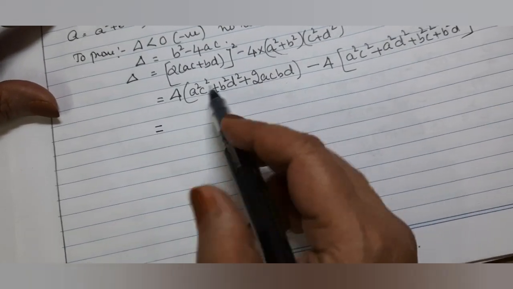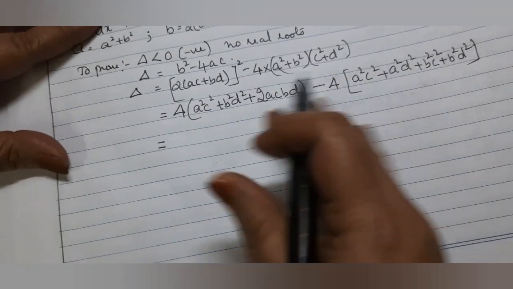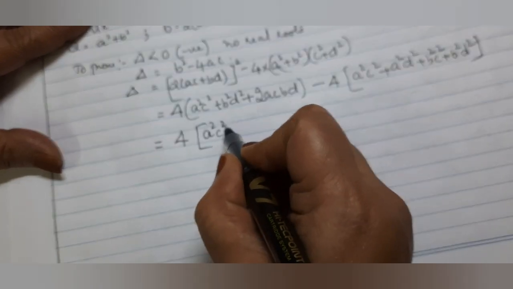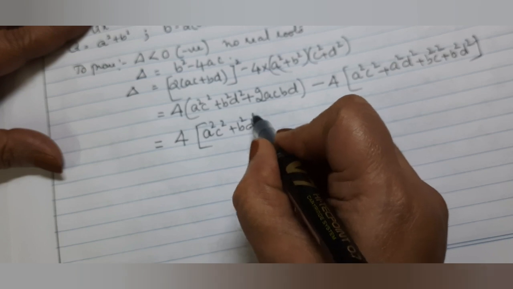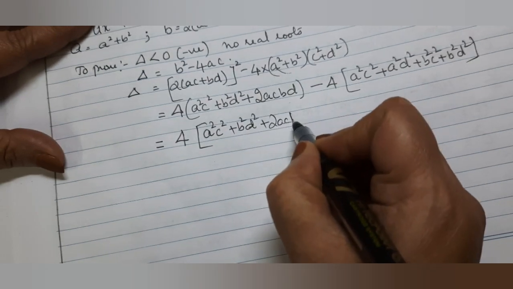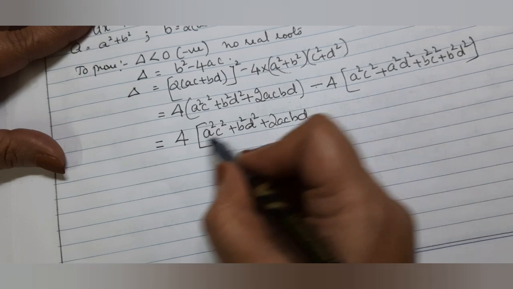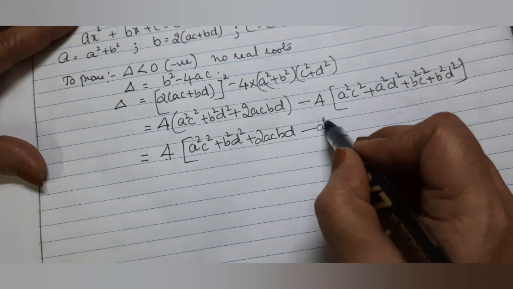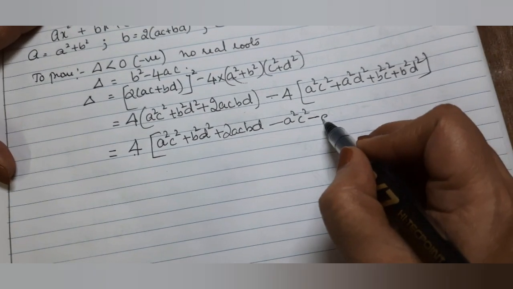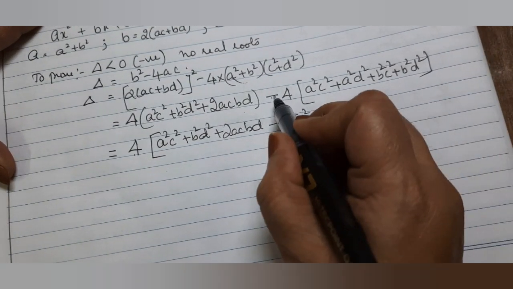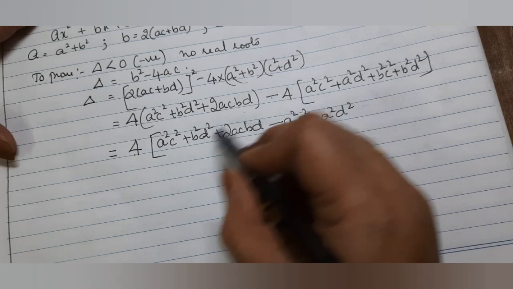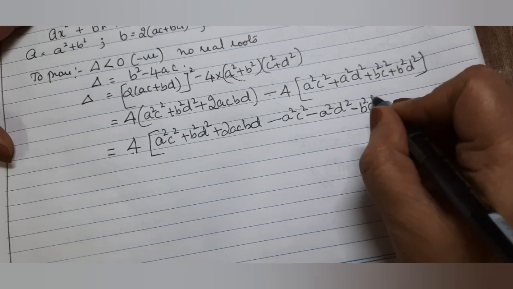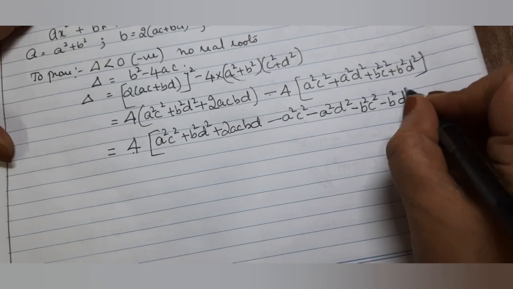So first thing we'll do here is take 4 and 4 out common. So with 4 common out, we get this as it is, a square c square plus b square d square plus 2acbd, minus this, as 4 is out here. So this minus sign gives minus a square c square minus a square d square. I'm multiplying, imagine here it is 1 because 4 has been taken common. Then all the signs will become minus, minus b square c square minus b square d square.